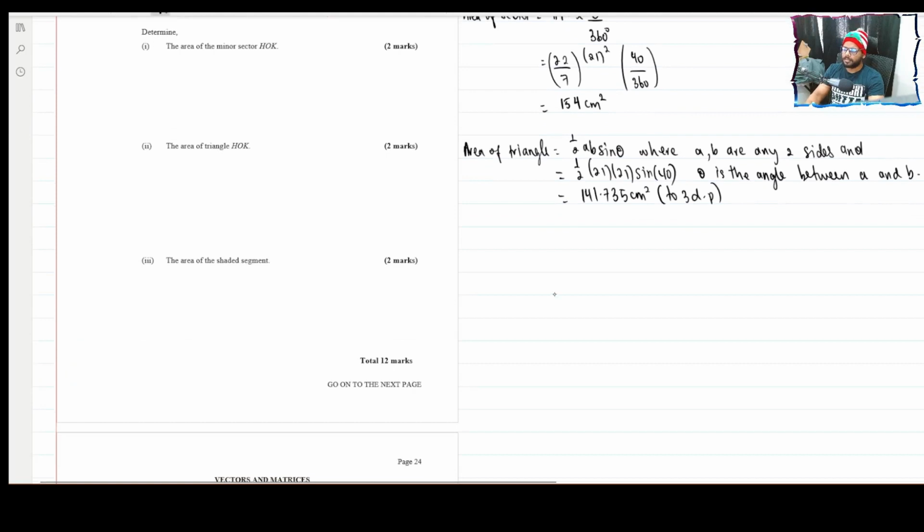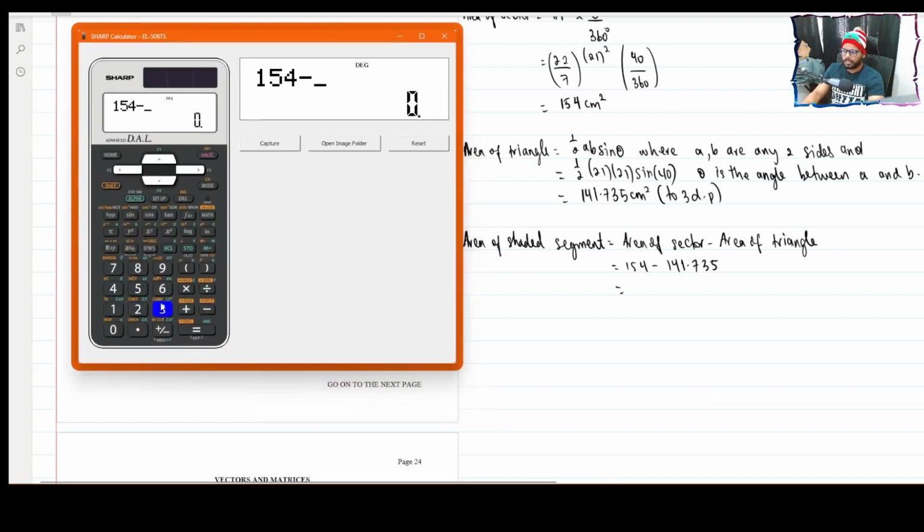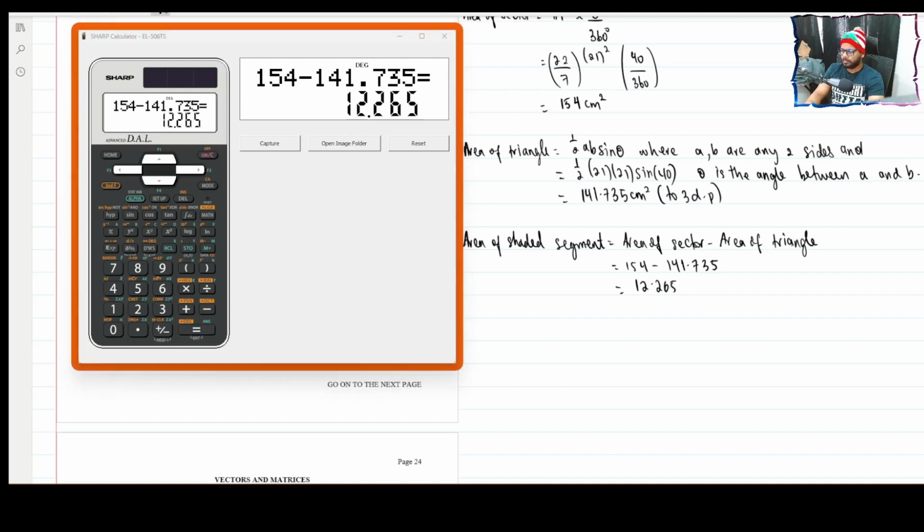The area of the shaded segment, easy peasy. The area of the shaded segment is the area of the sector take away the area of the triangle, which is equal to 154 take away 141.735, which is equal to 12.265 centimeters squared to 3 decimal places.